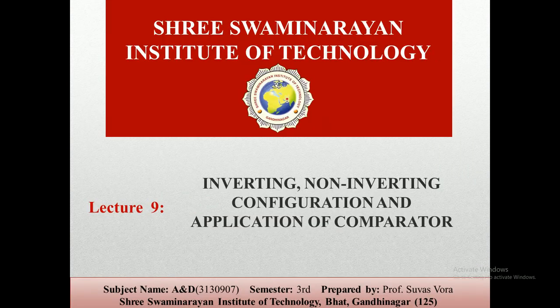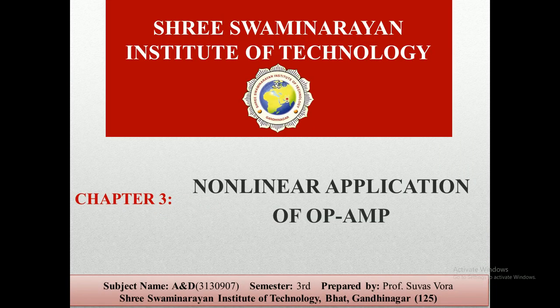Good morning, students. In the last lectures, we completed chapter 2, the linear applications of op-amp, and we saw the different types of controllers: P type, I type, D type, and the combinations PI and PID type controllers, which control our op-amp circuits. After that we saw the Wien bridge oscillators.